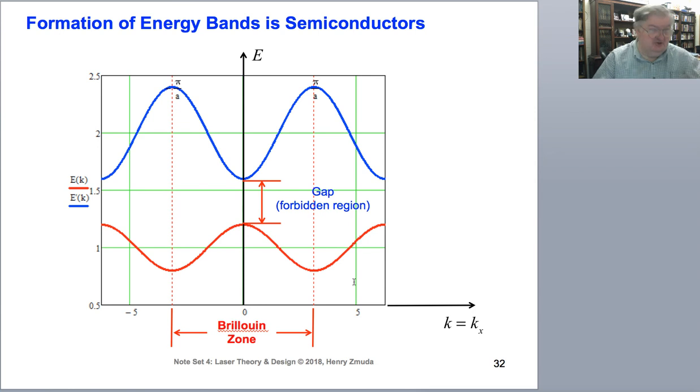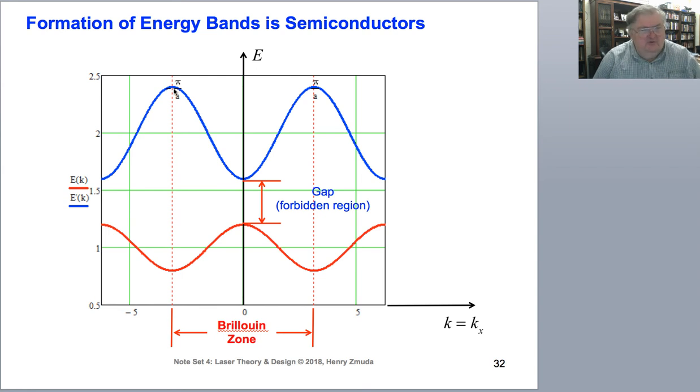Some more terminology. As I said, the purpose of this lecture is really one of terminology more than anything else. We found these are cosine functions, right? A periodic function. If it's a periodic function, all you need to know is one period. And if the spacing of the atoms is A, the spacing between these is going to be 2 pi over A. I'll say more about that later too.